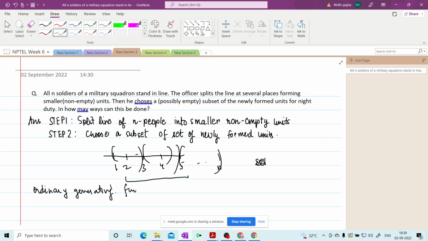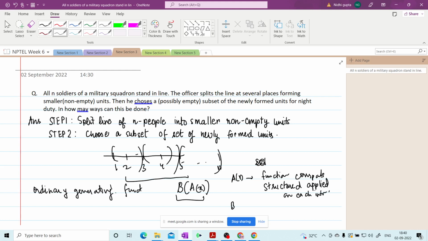So ordinary generating functions and composition. We have B(A(x)). A(x) is basically the function which corresponds to the structures applied on each subline, on each interval basically.